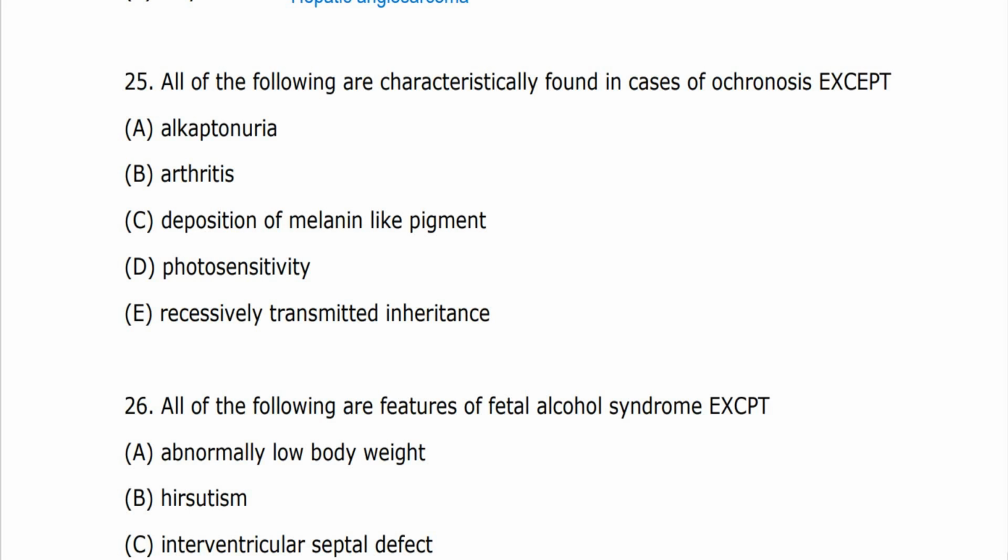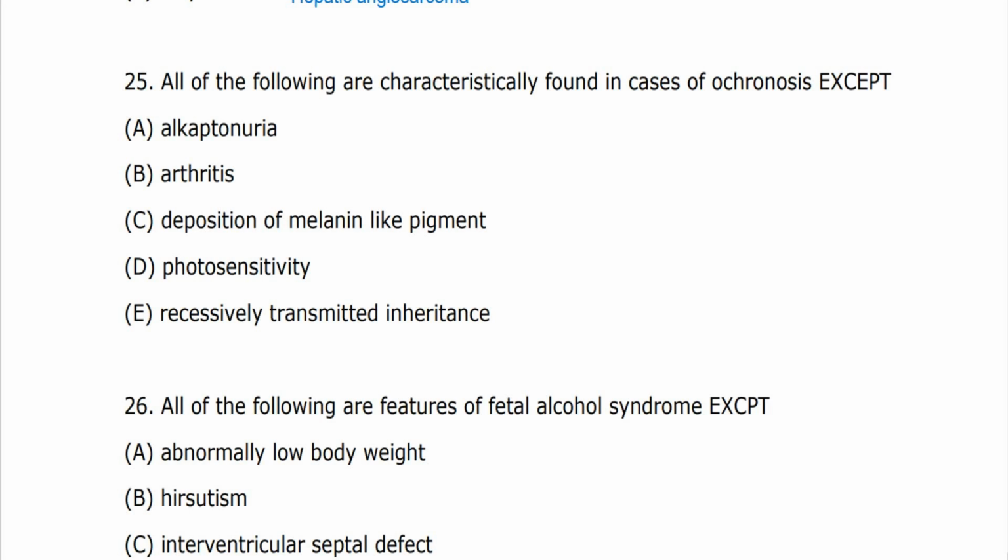The endogenous form is due to a mutation involving homogentisate oxidase, the enzyme that is supposed to convert homogentisic acid. If that is deficient, you're going to have accumulation of homogentisic acid, and that is the endogenous alkaptonuria.